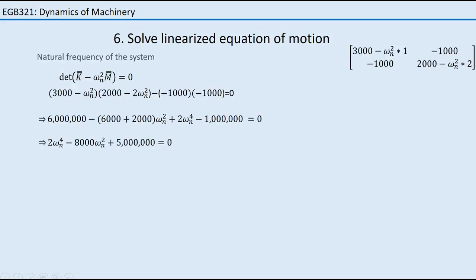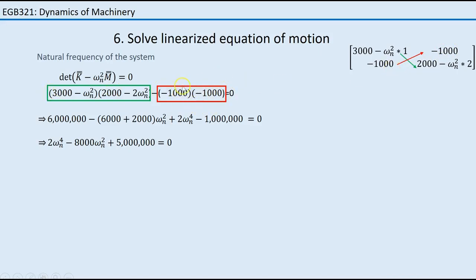The next step is to get the determinant of this matrix. And how do we get the determinant? We take A and this is D, so we take AD, which is these values, then negative, and then we take B and C, which is this term.